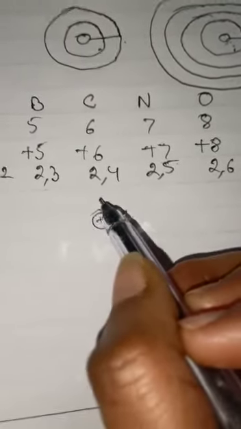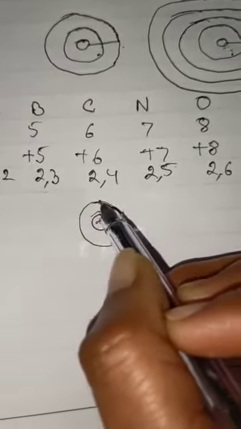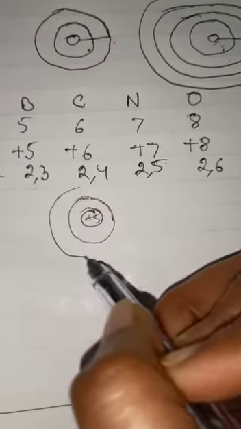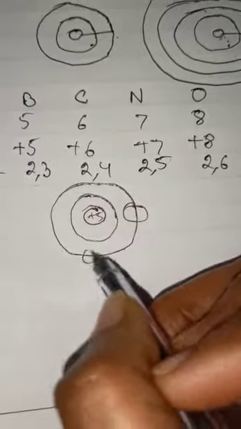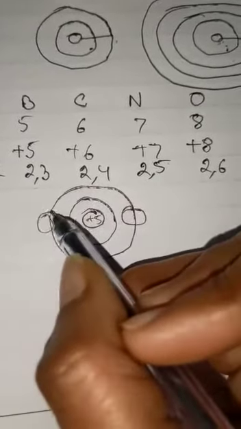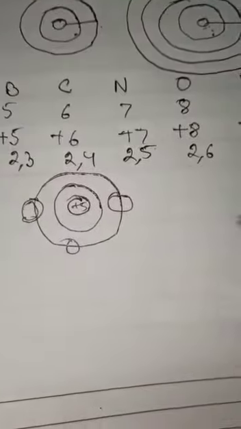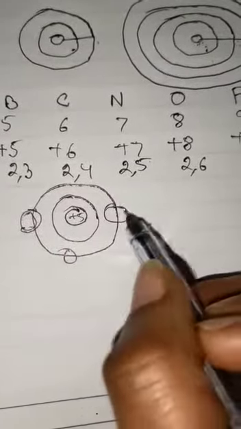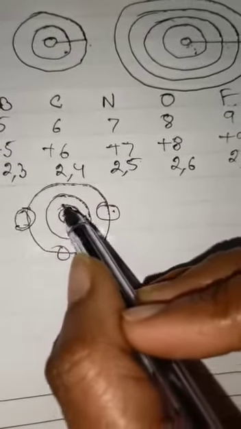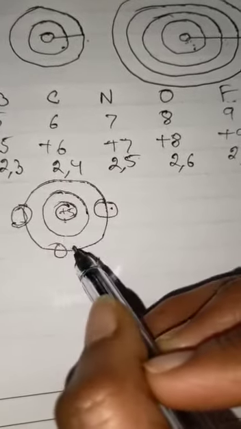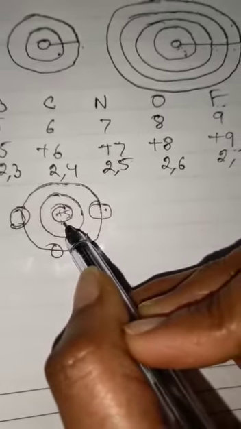Okay, since in the nucleus the nuclear charge is plus 5, and in the outermost shell there are 3 electrons, you know very well opposite charges attract each other. The negative charge is less in comparison to the positive charge. So the nuclear charge increases and it will attract the outermost shell towards itself.